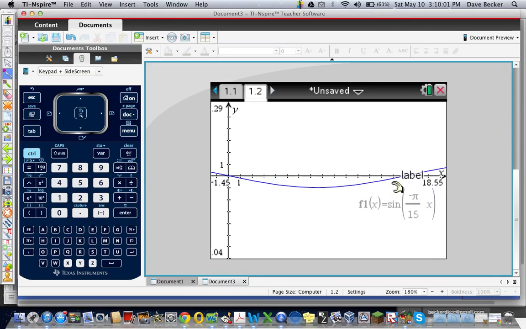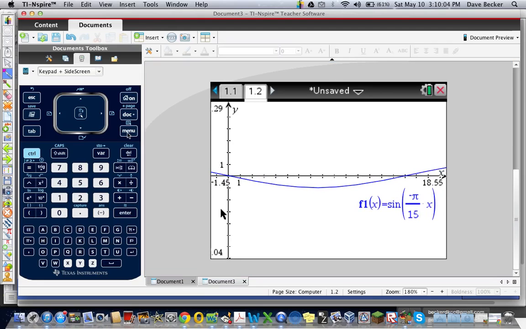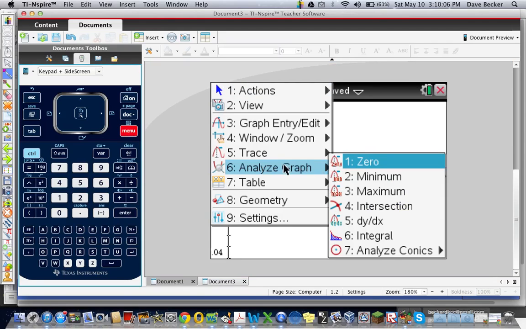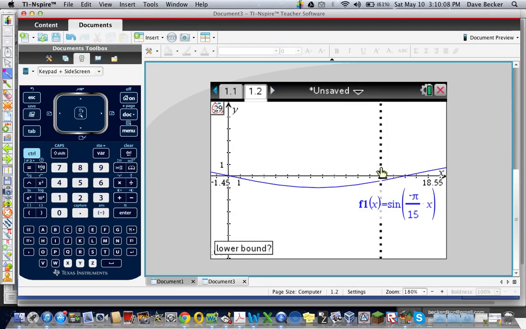You can click and drag or just extend your window. Menu, analyze graph, find the 0. To the left of the 0, to the right. And I get C equal to 15.